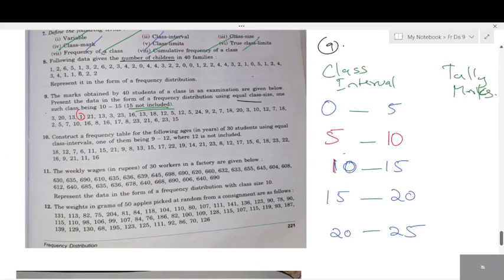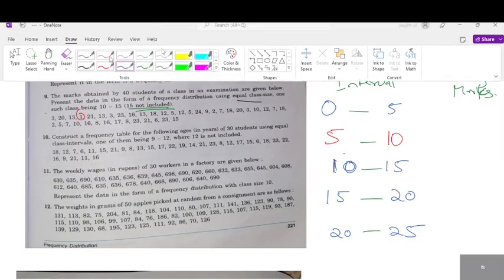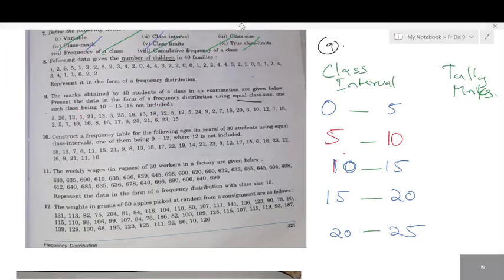Count all the values, students. We have 3, 1, again 3. Don't include 5. 2, 3, 2.